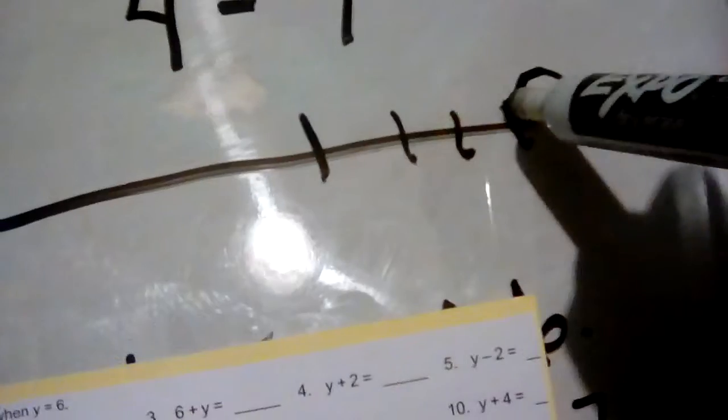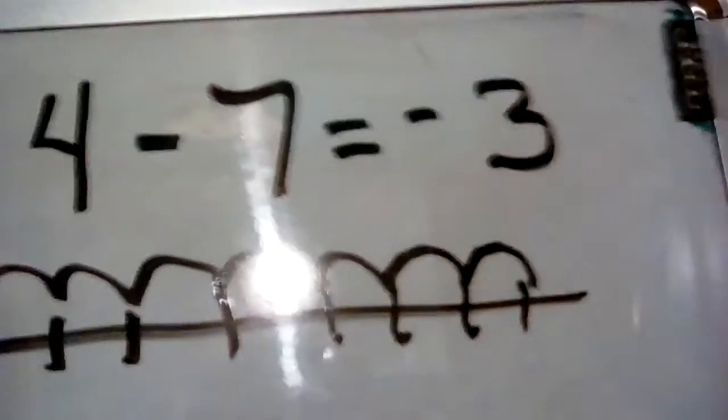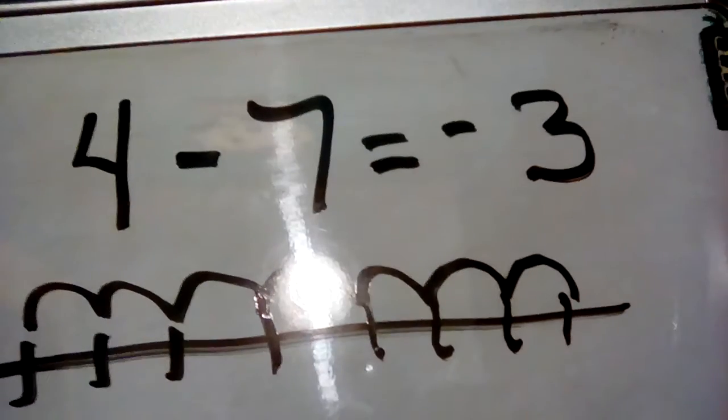So if I have 4 and I'm going to take away 7 on the number line, remember your number line, 1, 2, 3, 4. If I'm going to take away 7, it's going to go 1, 2, 3, 4, 5, 6, 7, which would give you -3.